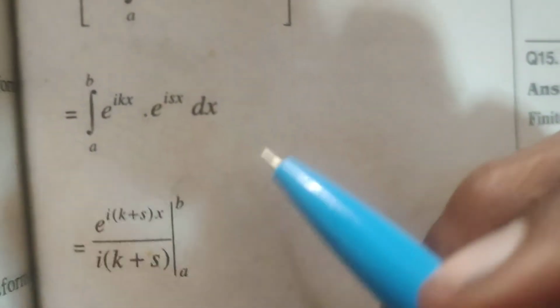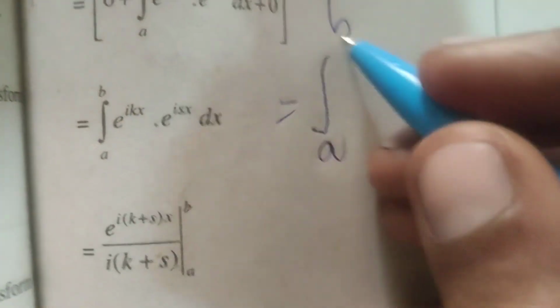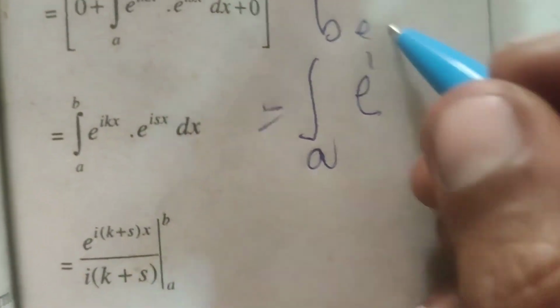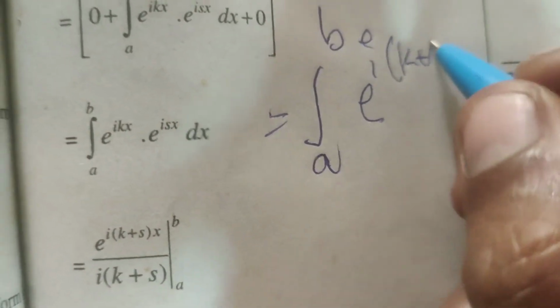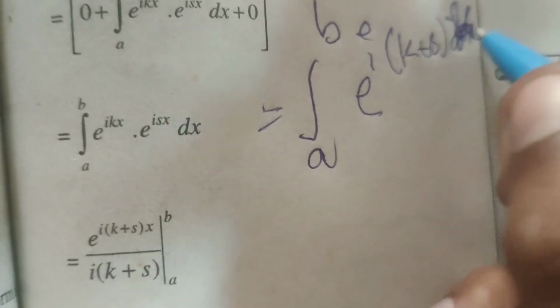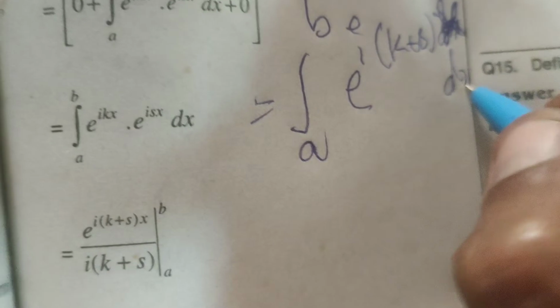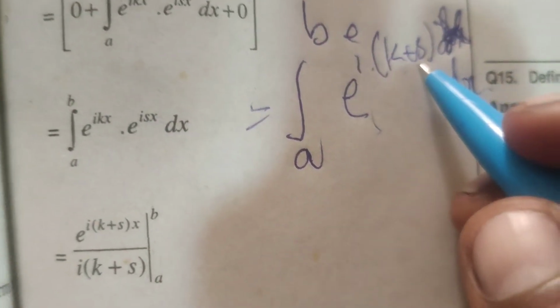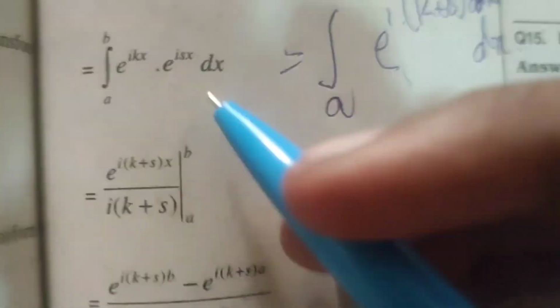After integrating this, first of all write the integral from a to b of e^(i(k+s)x) dx. Now integrating this gives e^(i(k+s)x) by i(k+s), after substituting the limits a to b.